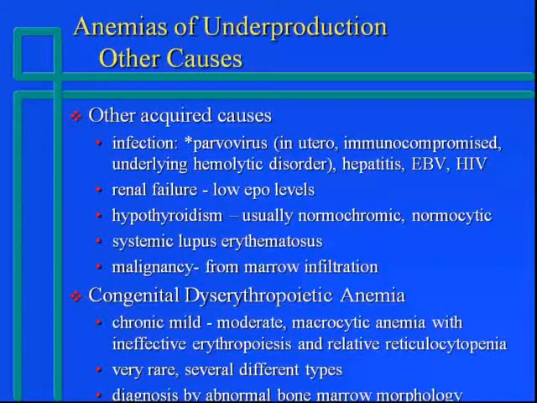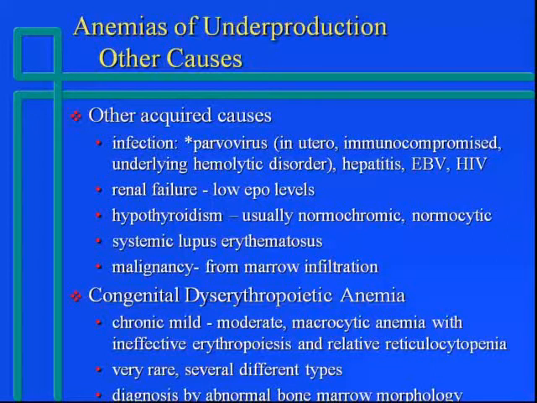There are lots of other causes of red cell aplasia anemia that are acquired. These include infection, with the most famous virus being parvovirus, which can be particularly problematic when it occurs in utero. Immunocompromised patients can have a more prolonged chronic course from parvovirus, such as patients with HIV, or patients who have an underlying hemolytic disorder and are dependent on a brisk reticulocytosis to maintain their hematocrit.